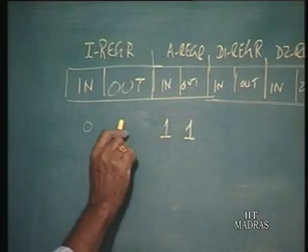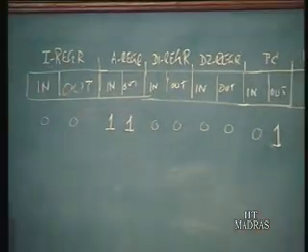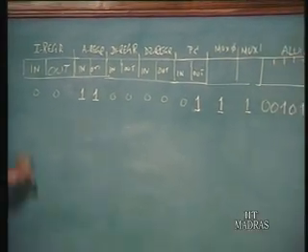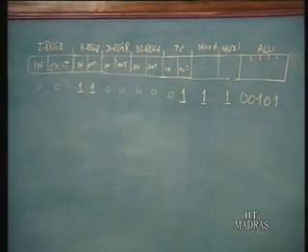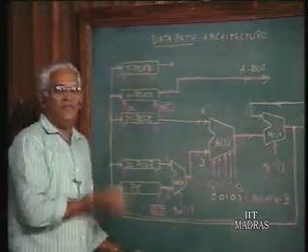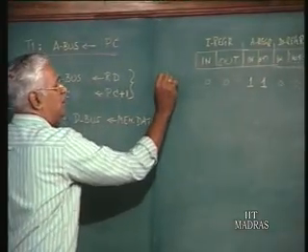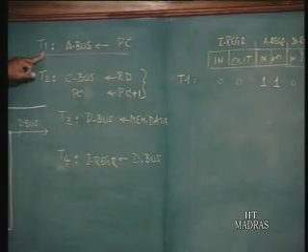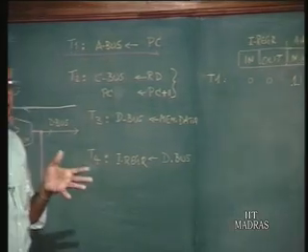Now set the rest of them as 0. Now we have a specific code, right? This specific code, when generated by the controller, will set this data path. So the controller must generate this particular code during T1. That's precisely what it is, right? Now, what is the architecture of the controller?